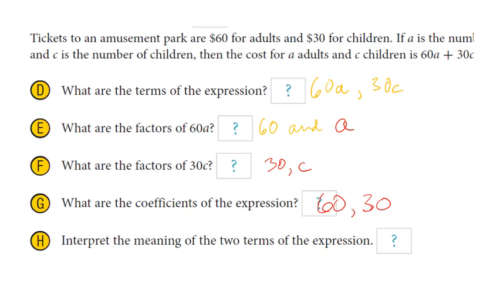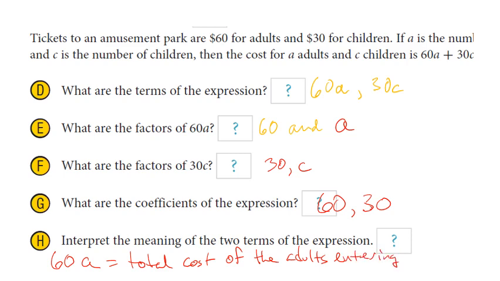And H, interpret the meaning of the two terms of the expression. 60A is the total cost of the adults paying to get into the amusement park.